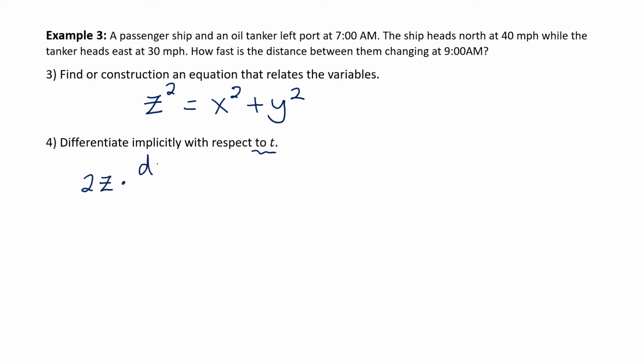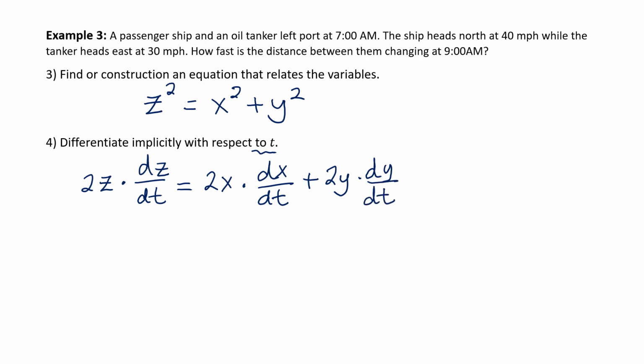Implicitly, we need to multiply that by dz/dt. The derivative of x squared is 2x. Again, we're differentiating implicitly with respect to t, so we need to multiply by dx/dt. Plus, the derivative of y squared would be 2y, again with respect to t, times dy/dt.